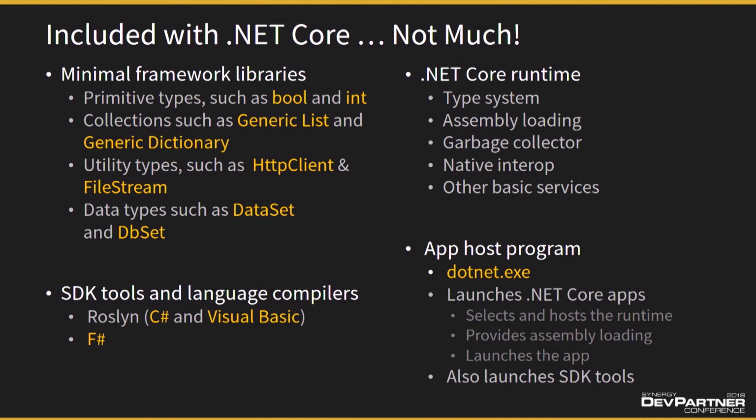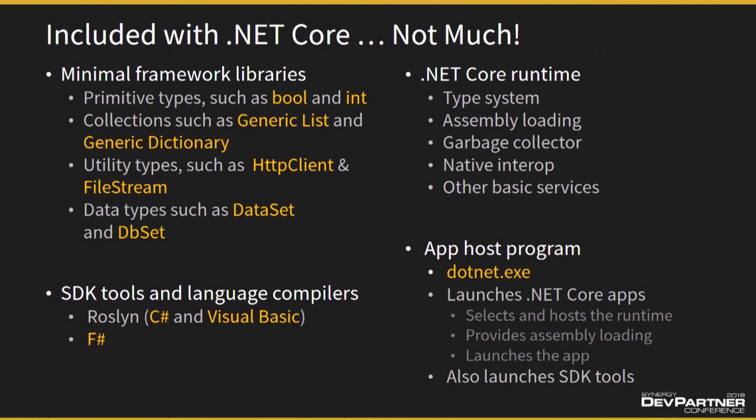Interesting, that's quite a high-level class. Well, that probably says that Microsoft pretty much expects RESTful web services to be used from every application, so they're providing the HTTP client right there by default, and file stream, so you can do local basic file access and so on. And you get a few additional data types like data sets and DB sets to let you talk to data sources. And the runtime, of course.